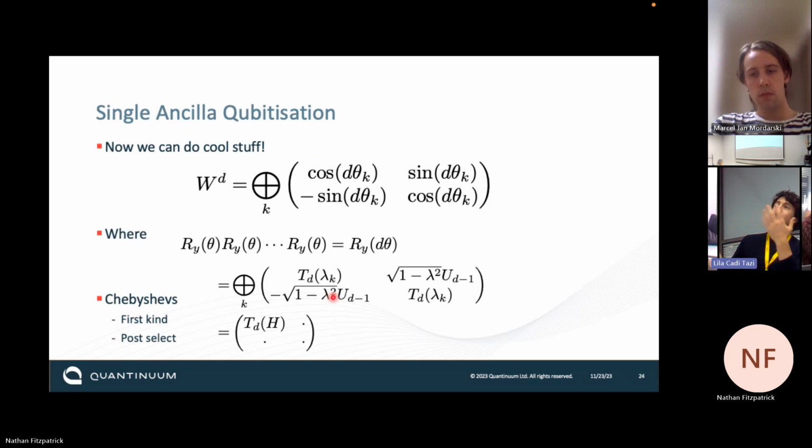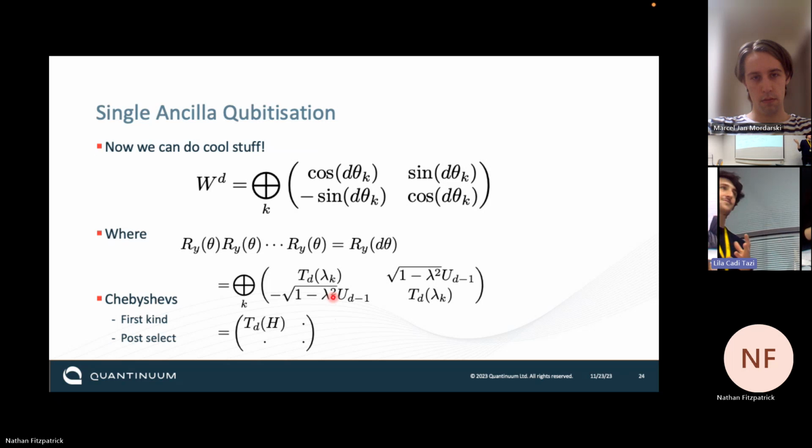Because that polynomial acts on the eigenvectors, the way matrix functions work in linear algebra is that you do SVD and then apply it on the singular values. This generalizes, which means we're applying this polynomial to the operator itself. So this is the first application of the matrix polynomial via a quantum computer, essentially.